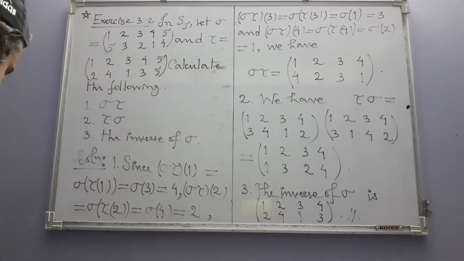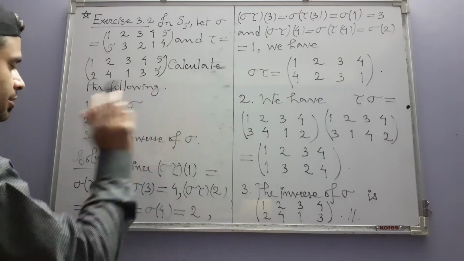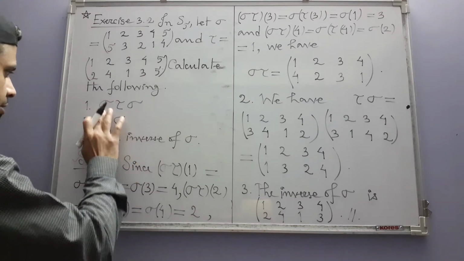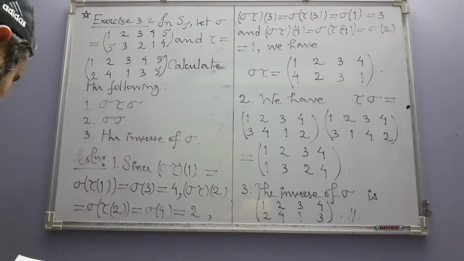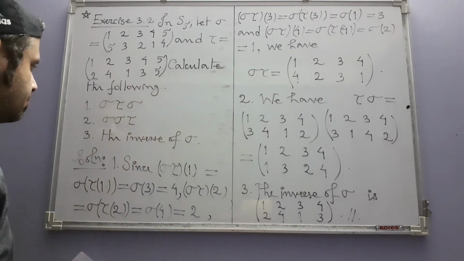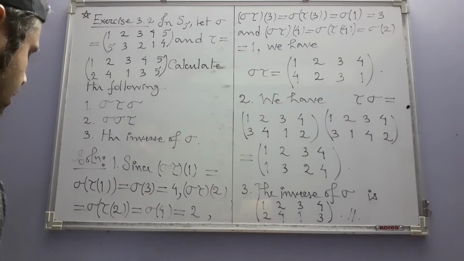Calculate the following. Here, however, the things we have to calculate are not simply like this. It is these things: sigma tau sigma, then sigma sigma tau. 3 mappings, and of course the third one is the inverse of sigma.